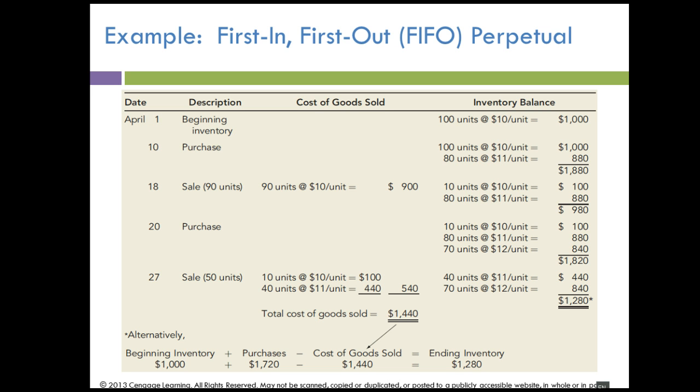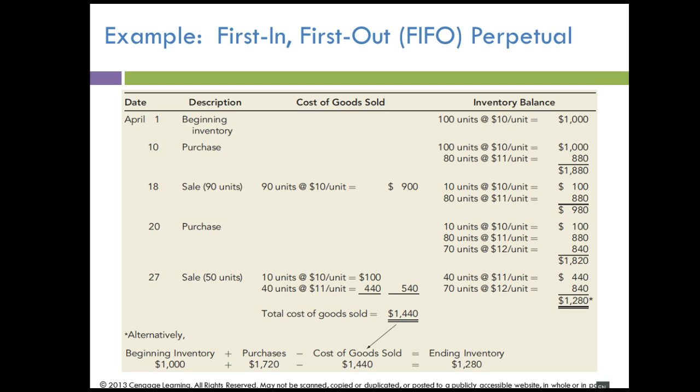We've got 10 units from that initial beginning inventory and then our 80 units from our April 10th purchase. So then from there, on April 20th, we purchase 70 units at $12 a unit.